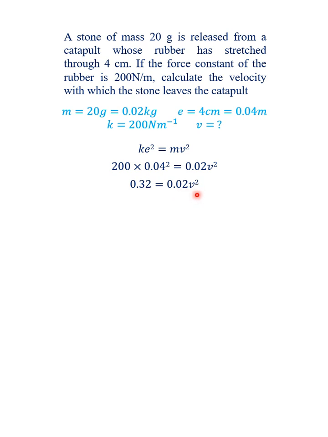To obtain V squared, we divide both sides by 0.02, so that 0.02 V squared divided by 0.02 will give us V squared equals 0.32 divided by 0.02, which gives us 16. To obtain V, this square will cross the equation sign to form a square root, so that V is equal to the square root of 16. And the square root of 16 is 4. So the velocity of the stone is 4 meters per second. And this is the answer.